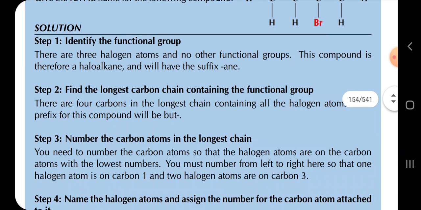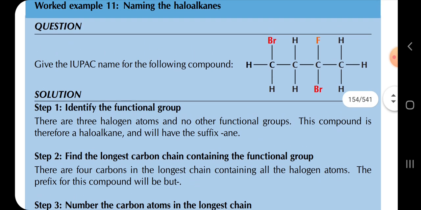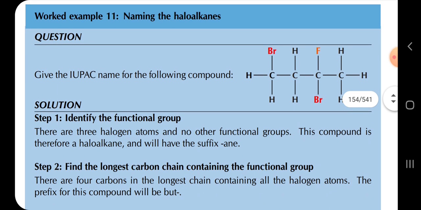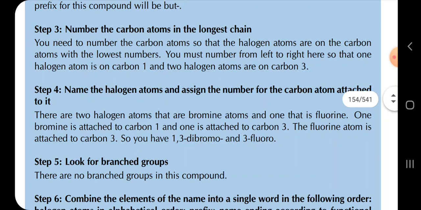Find the longest carbon chain containing the functional group. There are 4 carbons in the longest chain containing all the halogen atoms. The prefix for this compound will be but. So there are 4 carbons, which means it will have but. And then you need to number the carbon atoms so that the halogen atoms are on the carbon atoms with the lowest number.